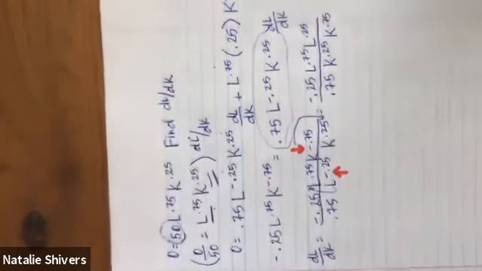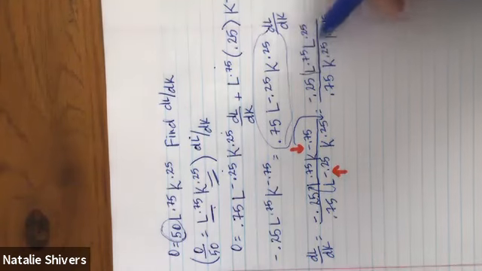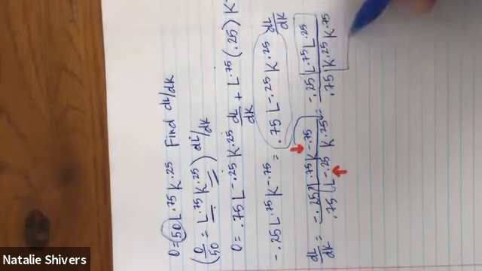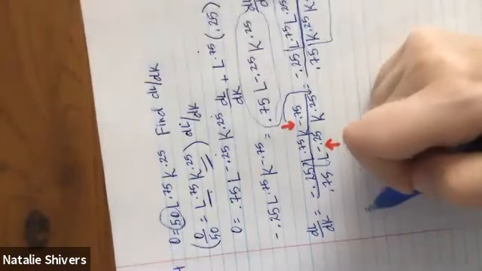One more step you absolutely have to do is combine the L's and combine the K's, so they can be added together.